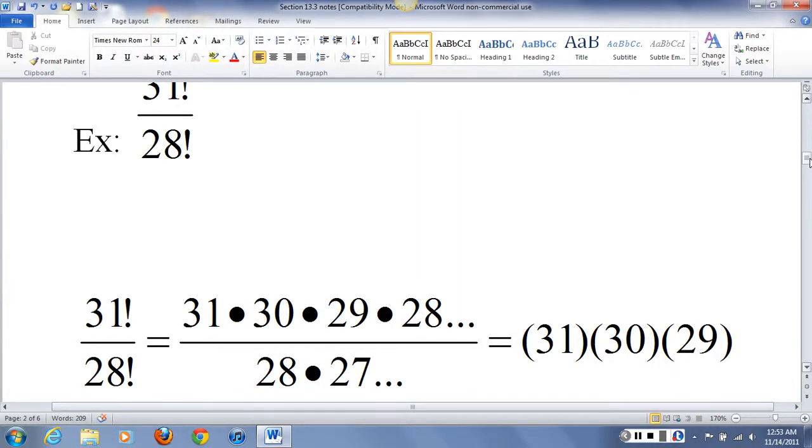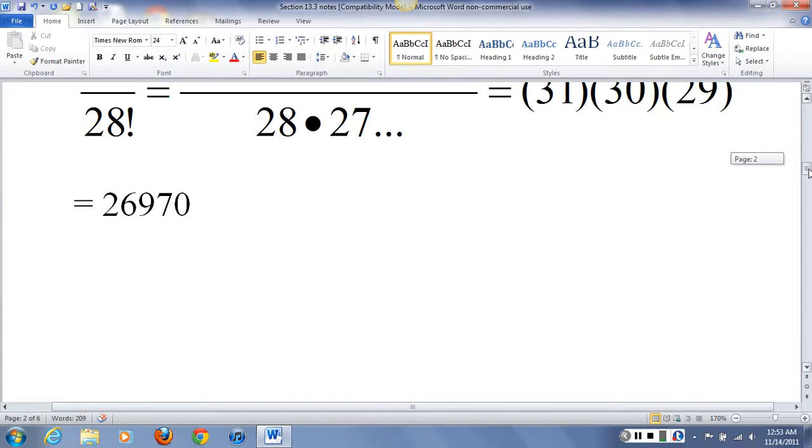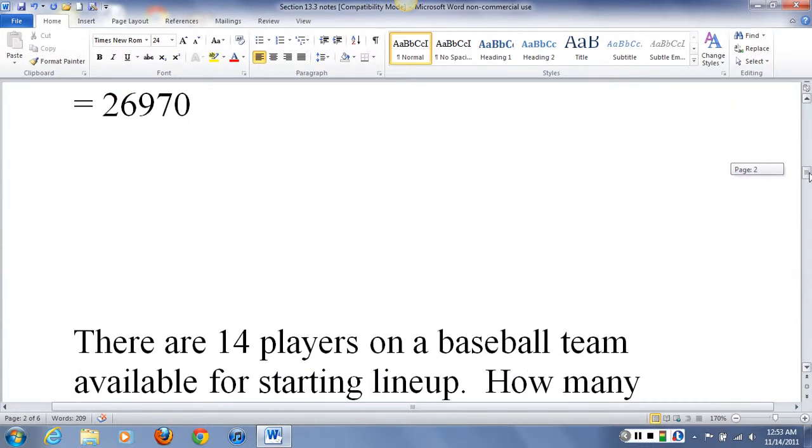It goes to 27 and so on. So everything from 28 down cancels out, which means we're left with 31 times 30 times 29 for 26,970. So again, this is the way factorials work, and factorials are used to do permutations and combinations.